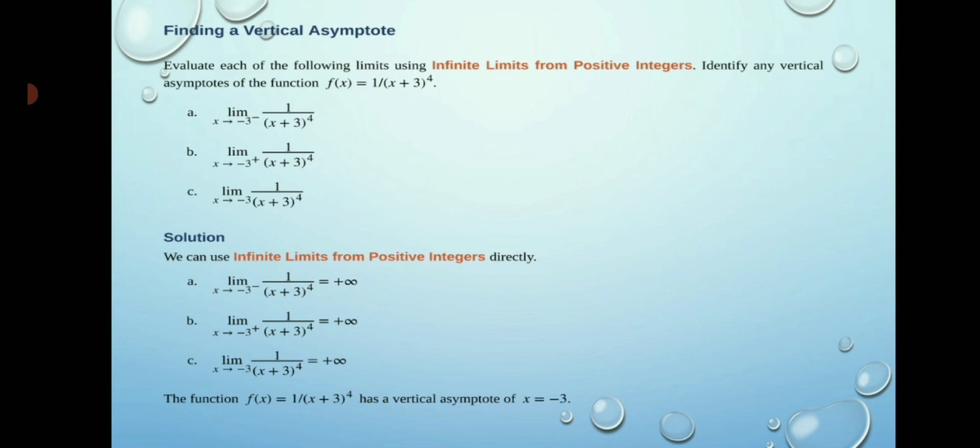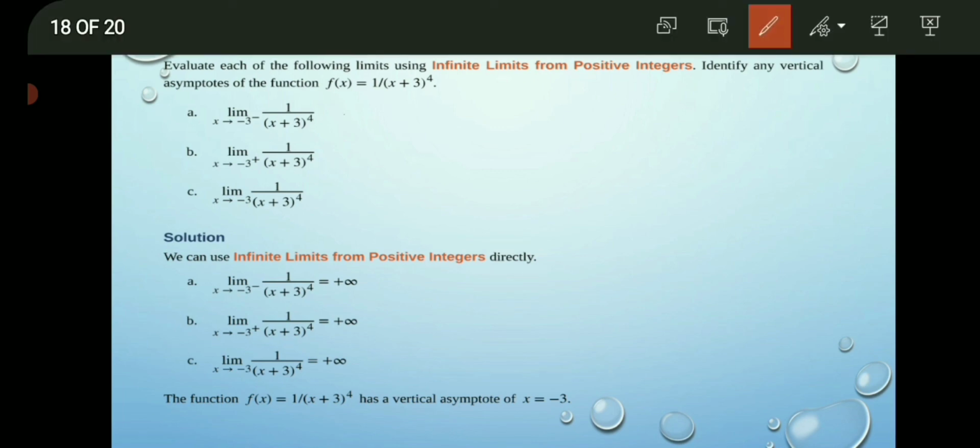In letter A, we have the limit as x approaches negative 3 from the left of 1 over the quantity of x plus 3 raised to 4. The solution, by using the infinite limits from positive integers, is positive infinity.